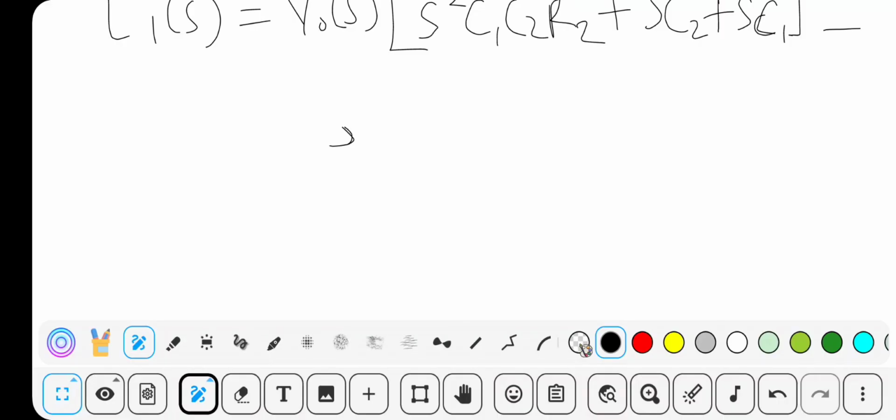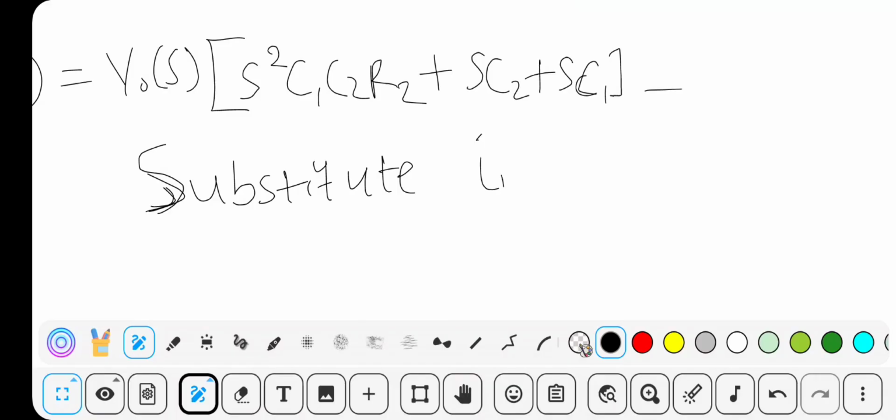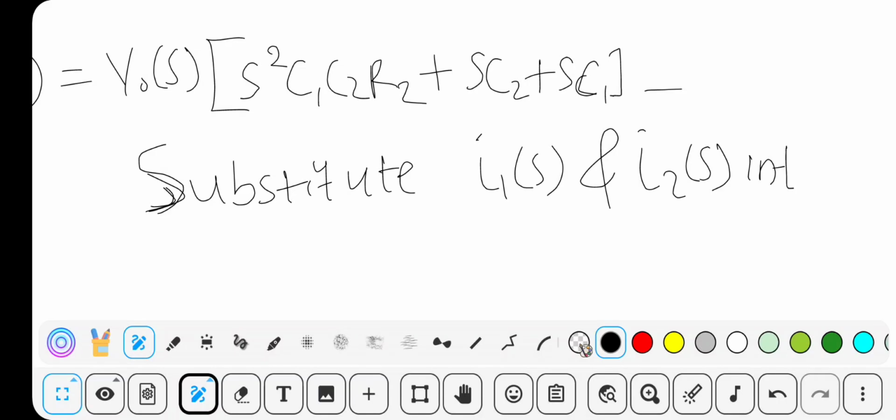Substitute I1 of S and I2 of S into equation 1.